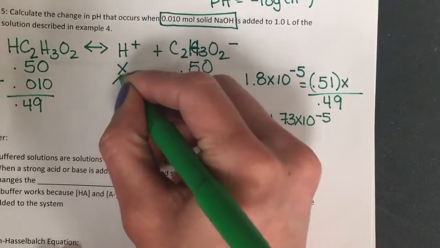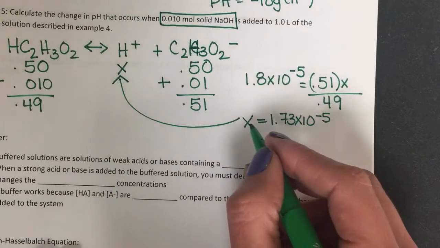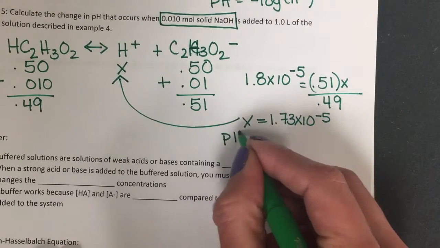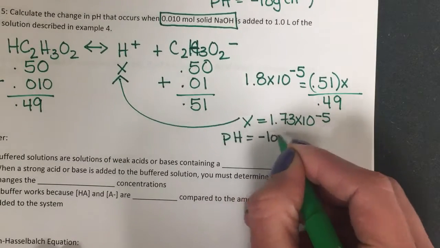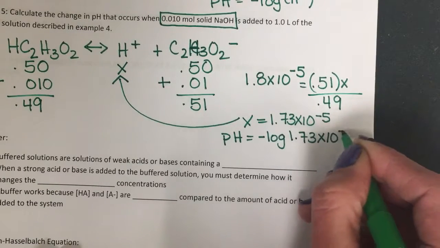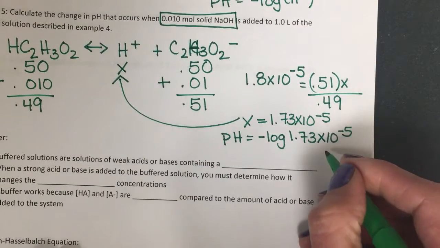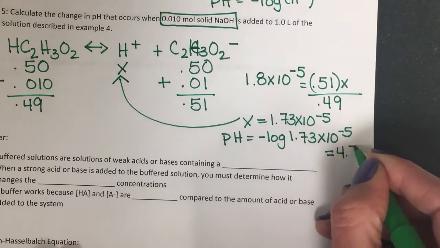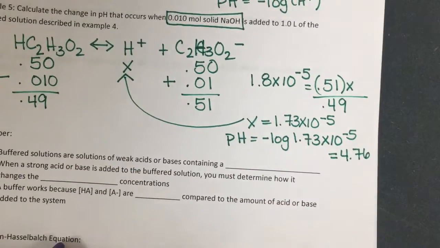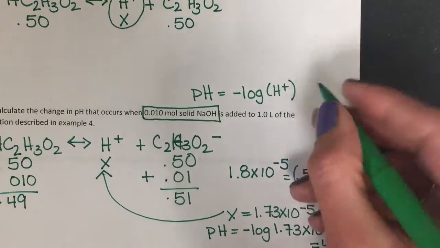That's my H+ concentration. So if I wanted to solve for the pH, pH is the negative log of 1.73 times 10 to the negative fifth. So I get that my pH is 4.76.